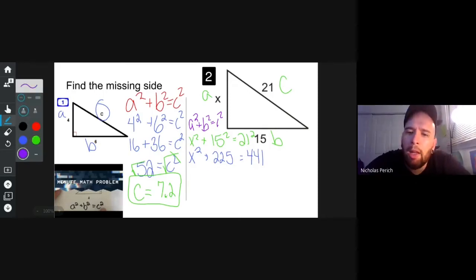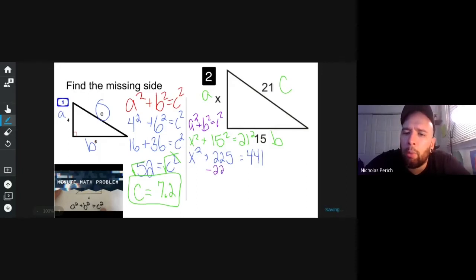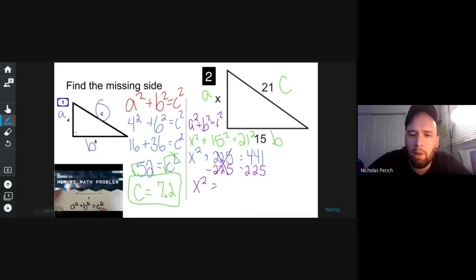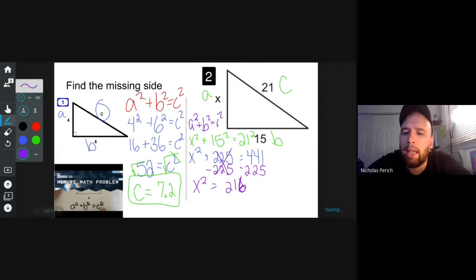I have a 225 along the side. Different from the last problem, instead of adding those two numbers, I have to subtract them, because that's the way solving be. 441 minus 225. The answer is 216.